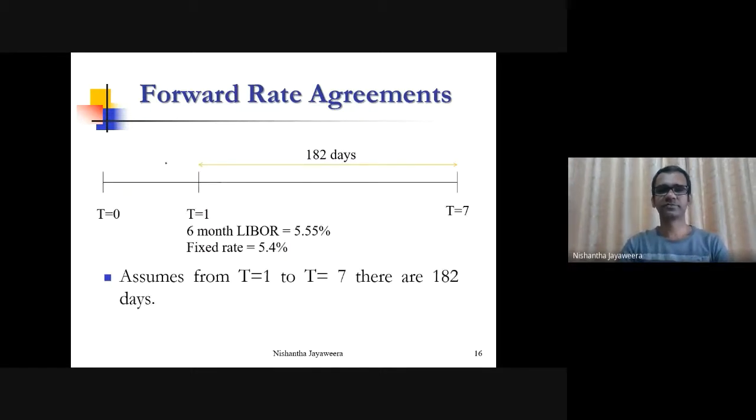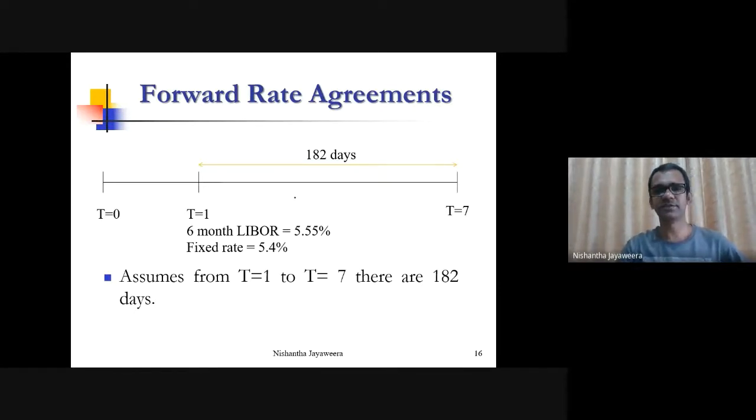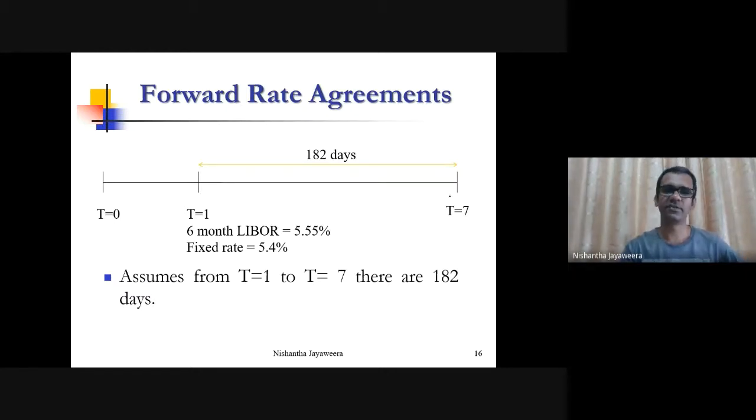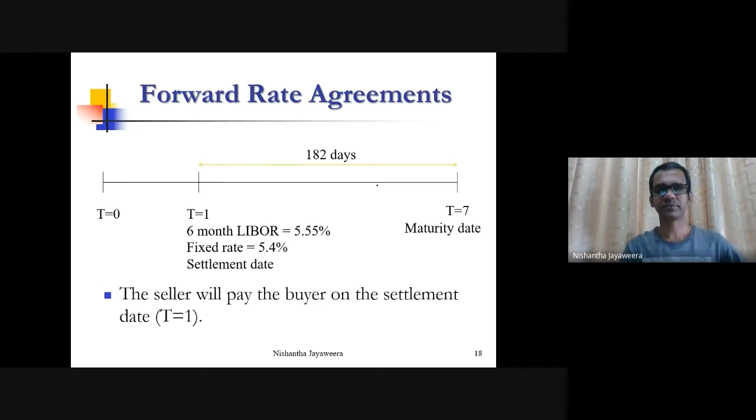So now this is the summary as of this date. 6-month LIBOR is already fixed at 5.55%. Fixed rate is 5.4%. Assume there are 182 days in that 6-month period. Now we'll try to calculate the payment amount, the amount that the treasurer receives on this date.